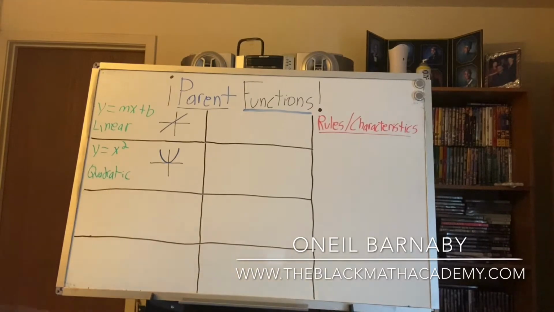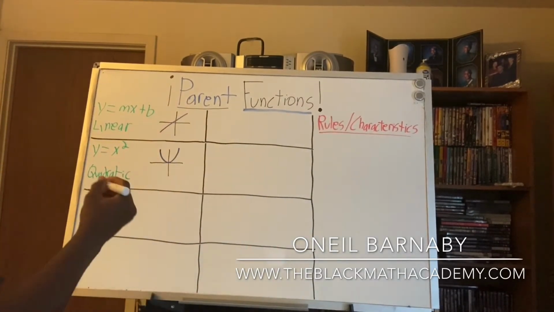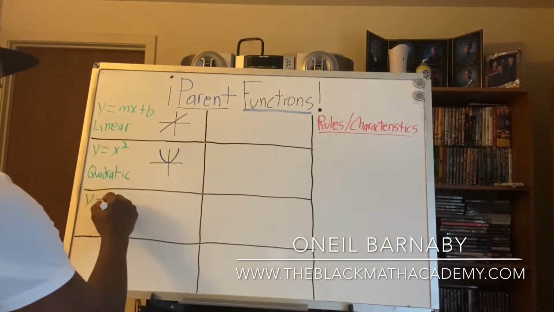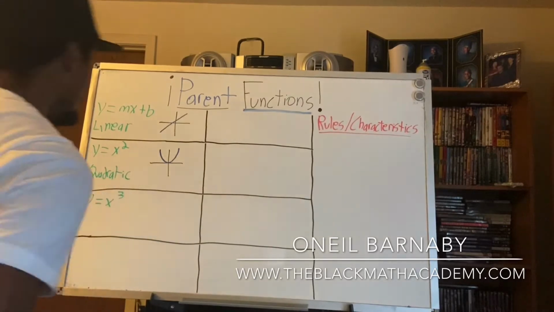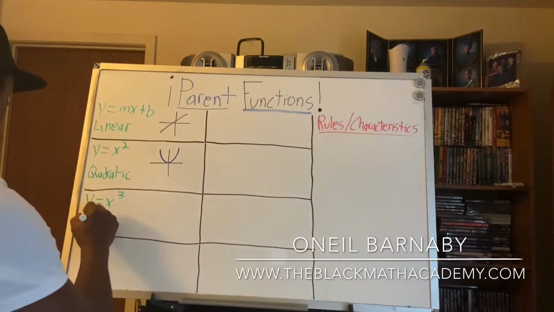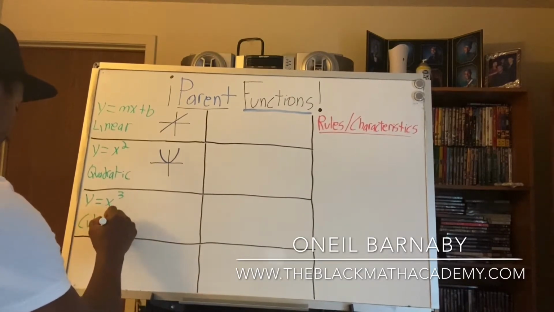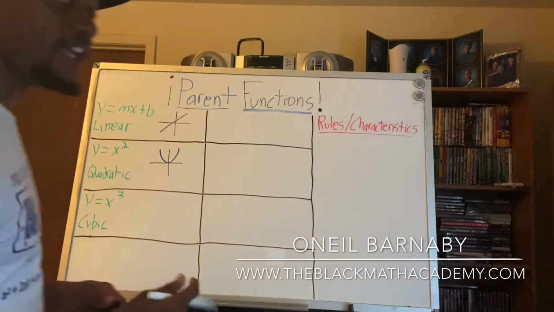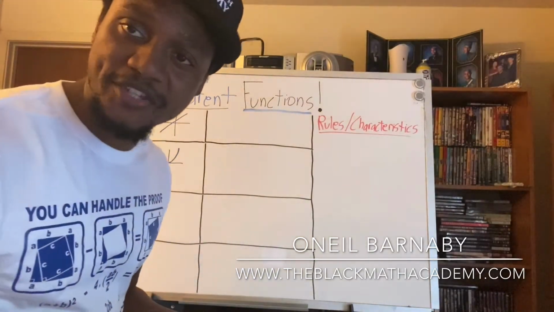All right, the third kind of parent function, I'll simplify this one into y equals x cubed. All right, so y equals x cubed is what's called a cubic function. Cubic functions behave like a backwards S, or like a snake.